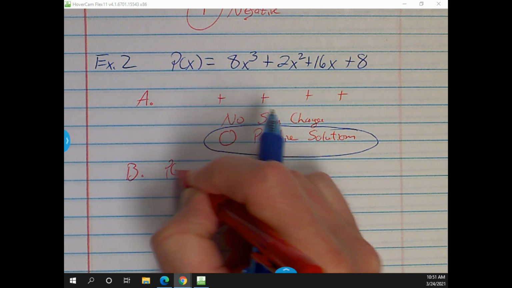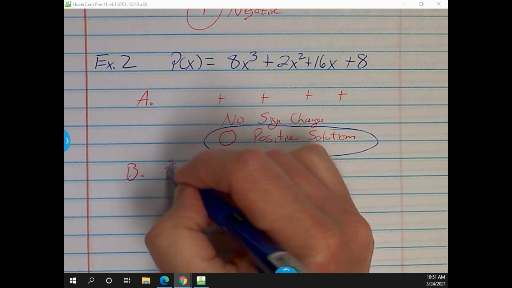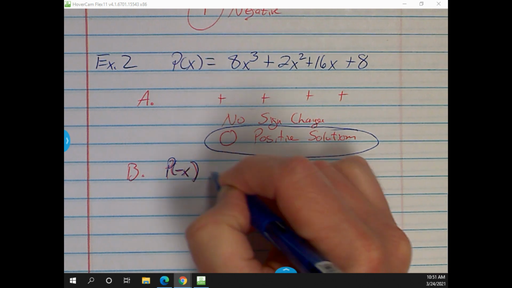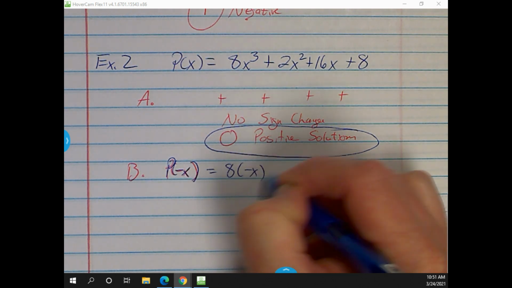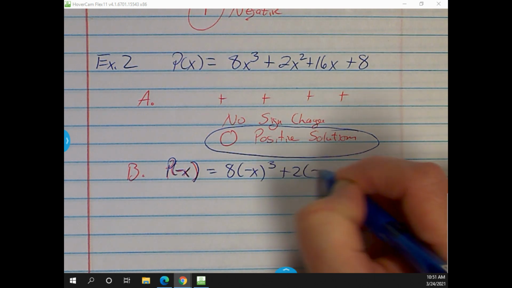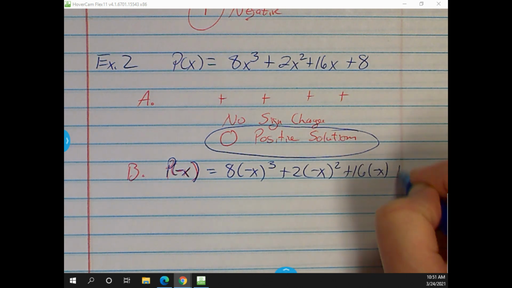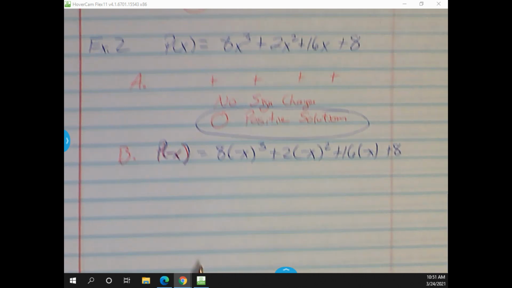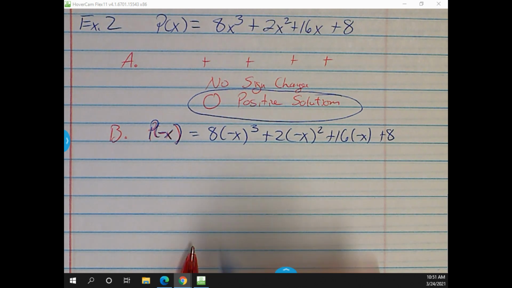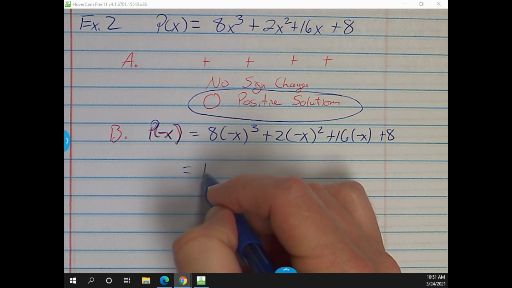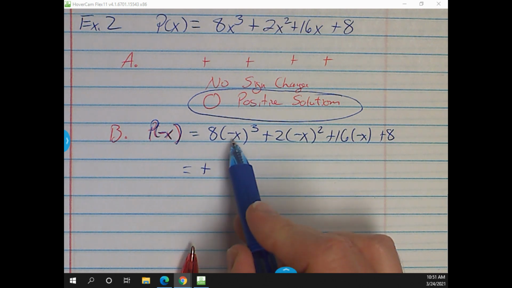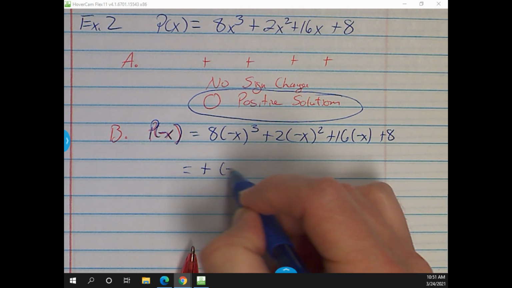All right, so if we do P of -x, so that's 8 times -x to the third plus 2 times -x squared plus 16 times -x plus 8. All right, that's a positive 8. And if you do negative times negative times negative, that's going to make that a negative.